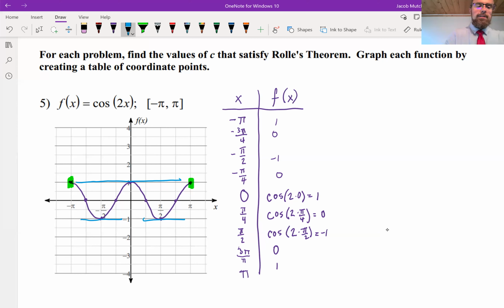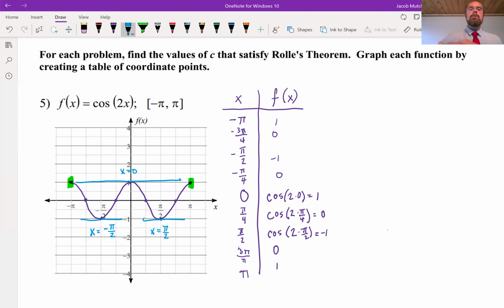So my feeling is that we've got critical points at x equals negative pi over 2 and positive pi over 2. Those are the minima. And then my maxima here is x equals 0. Again, that's a hypothesis that I come up with based on the graph and the fact that it satisfies the 3 criteria of Rolle's theorem.